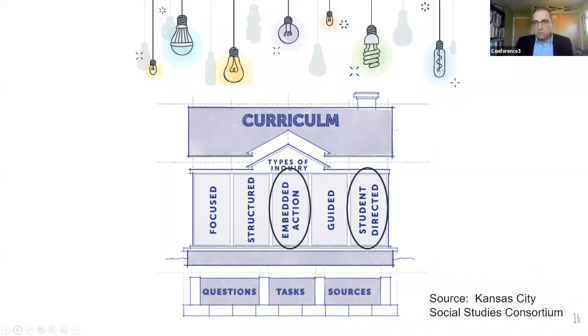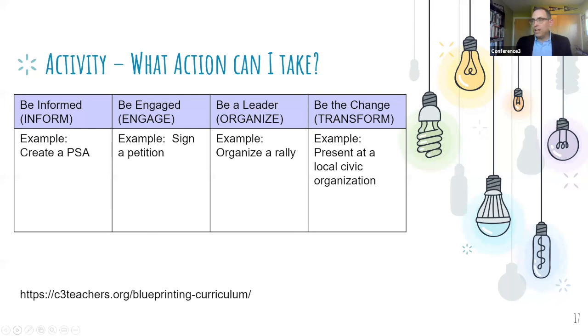So the idea of deep learning is them constantly thinking about, what action can I take? I've got a compelling question to try to solve a problem. What action do I take? So for example, in the embedded IDM, you look at being informed, how to be engaged, being a leader.